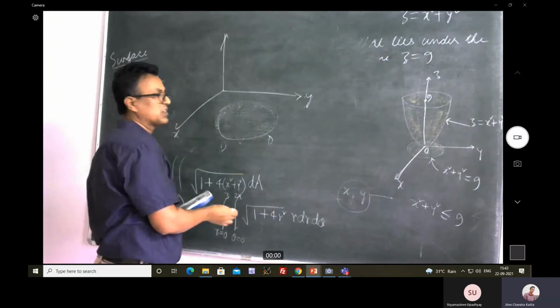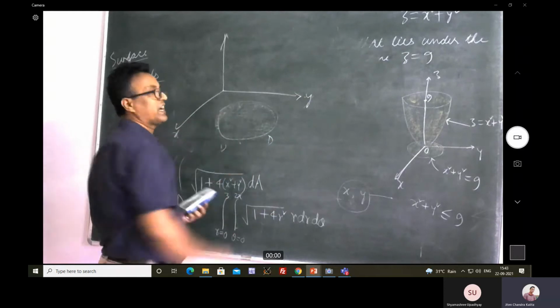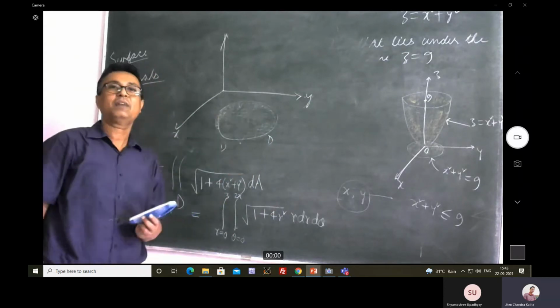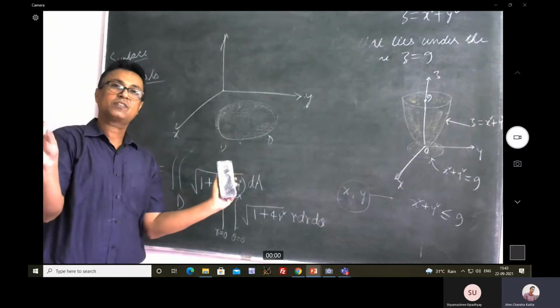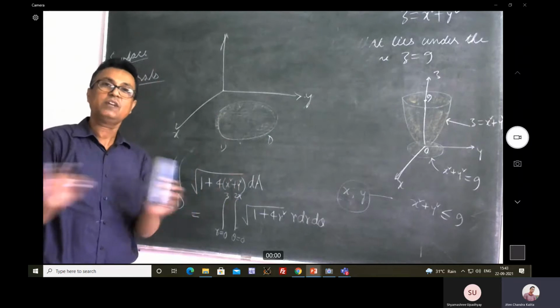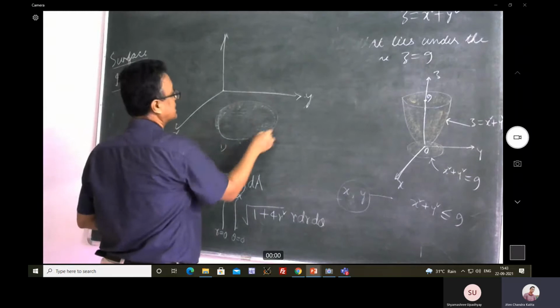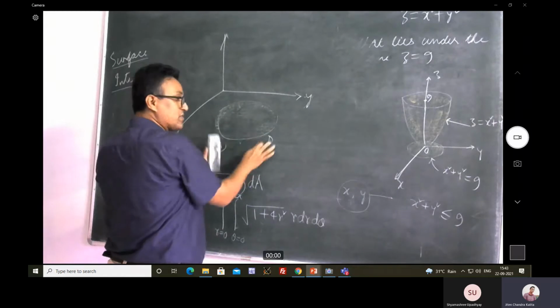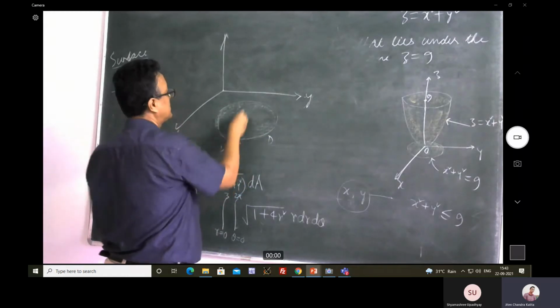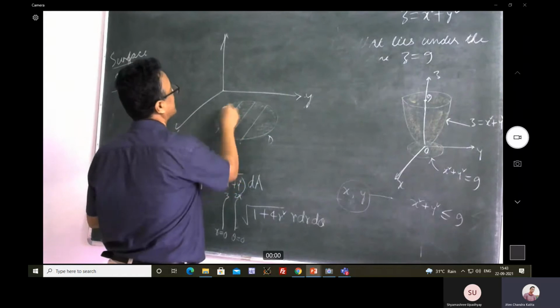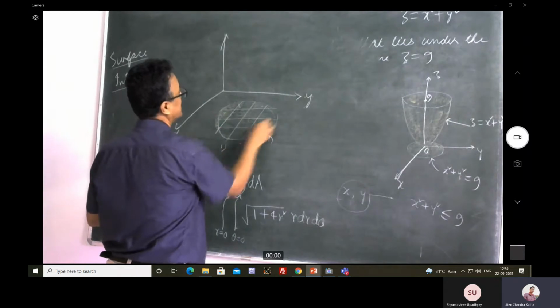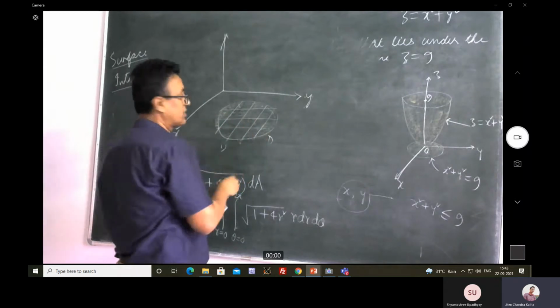Firstly, we considered a rectangular domain initially, which later on we extended to any general region. So basically, we considered a planar region. So this D is a planar region, and then we subdivided it by some rectangular grid.